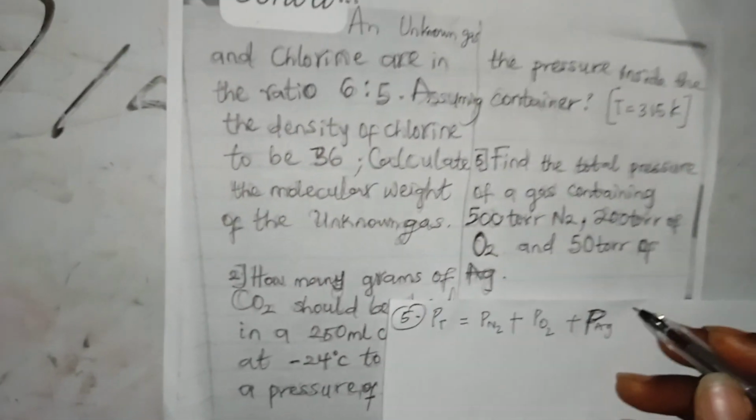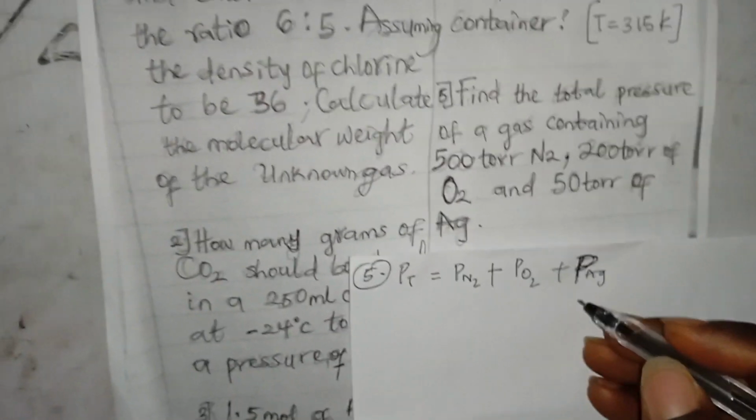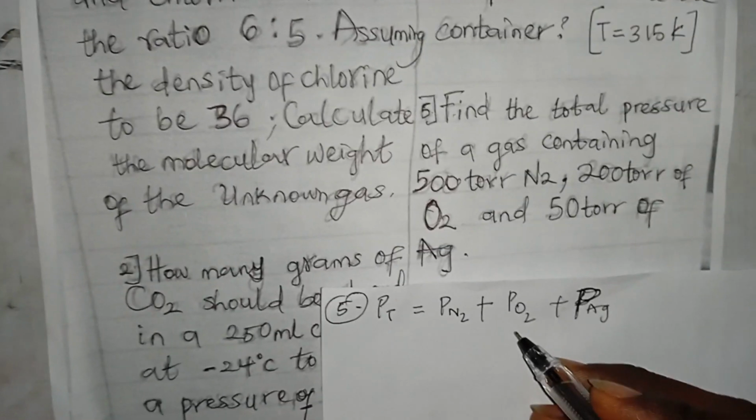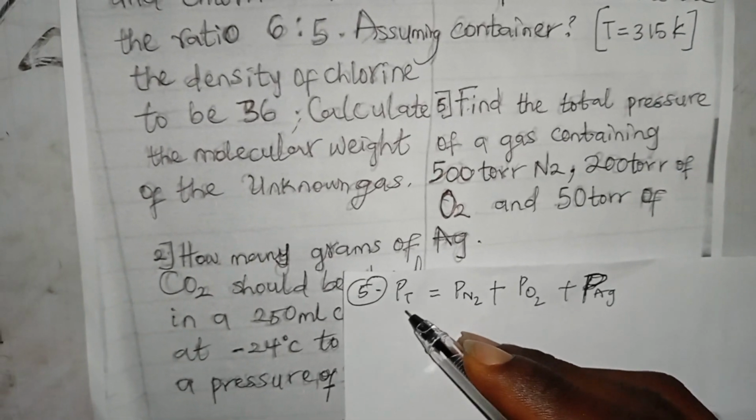Of Ag, I said argon, that should be silver. So whenever you see a question asking you to find the total pressure, know that what they are talking about is Dalton's law of partial pressure.